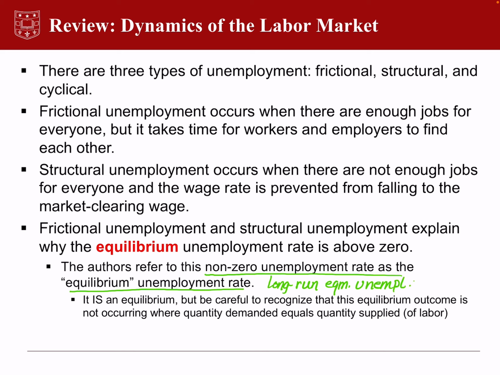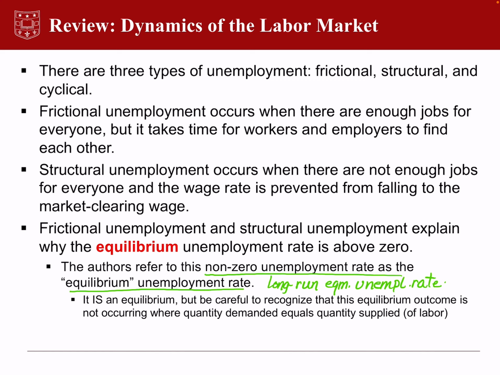It's going to be the rate of unemployment that persists even when, as we'll describe in the final set of notes, we think about the economy behaving normally. So, in a normal market-based economy, there will always be some frictional unemployment, there will always be some structural unemployment. So, it is an equilibrium, but again, it's important for you to remember that we're not describing this as an equilibrium outcome in the way that we talked about it in our market clearing sense.